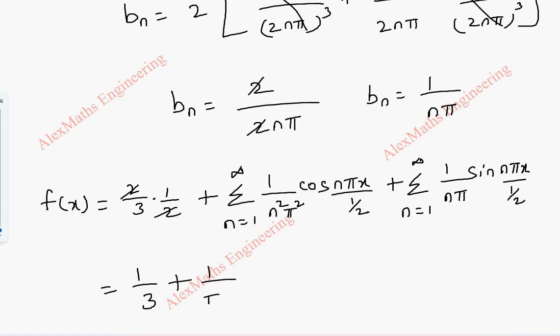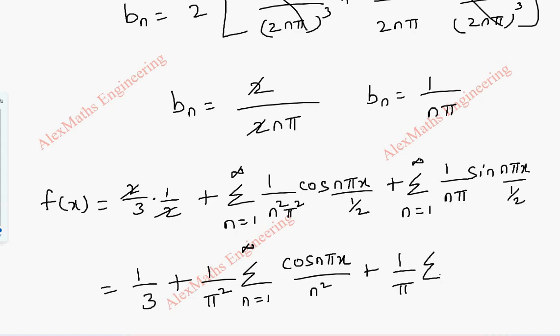1 by pi square can be taken out from the summation. We have summation 1 to infinity cos n pi x by n square. Then here 1 by pi can be taken out, and actually there will be a 2 also. Cos 2 times of n pi x.